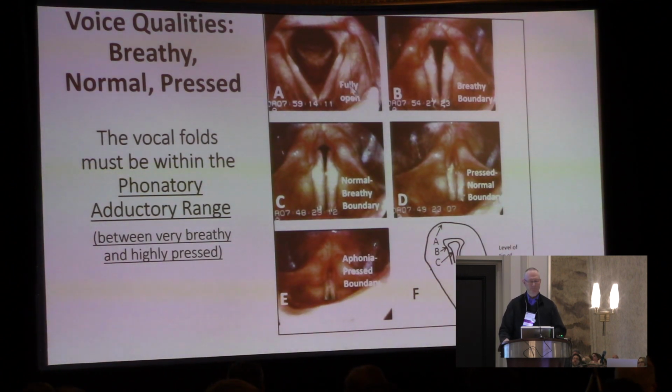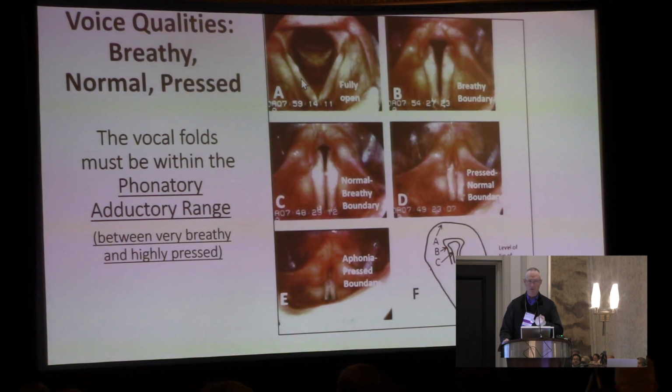Vocal qualities. If you have maximum opening for maximum inhalation, exchange of gas, air, there is a maximum separation of the vocal folds, and we would measure that between the vocal processes. Now, as you adduct these two vocal folds by movement of the arytenoids, by the way, the arytenoids are the workers with the muscles attached to them.